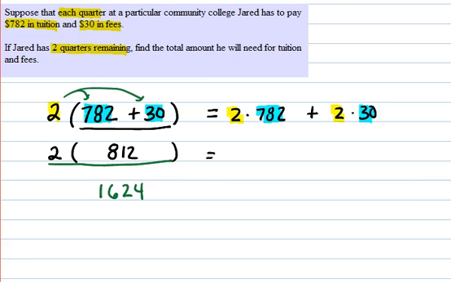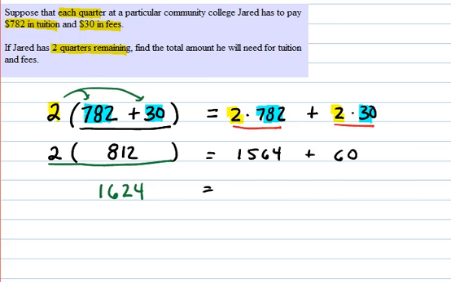Now on the right-hand side, I would do the multiplications first before I do the addition. Let's see, 782 times 2, I'm getting 1,564 there. So 1,564 plus 2 times 30 is 60.